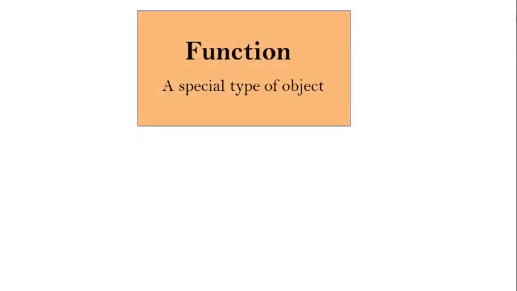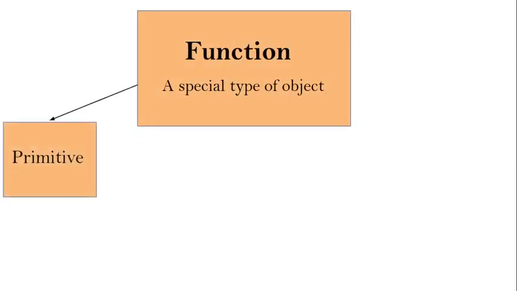And now let's see what is really meant by functions. A function is a special type of object, though, because it has lots of features of a normal object and has some other special properties. One thing that people are surprised about in JavaScript is that you can attach properties and methods to a function.